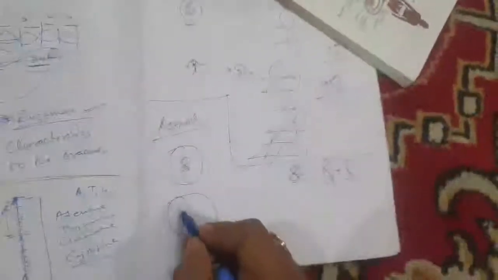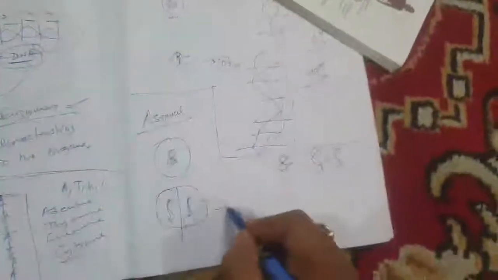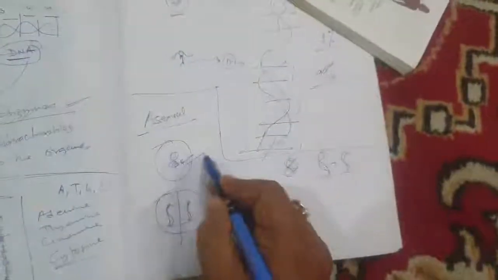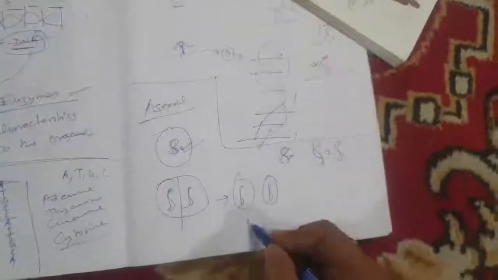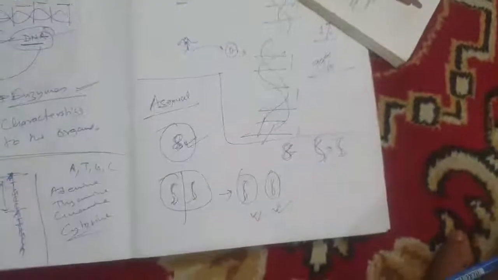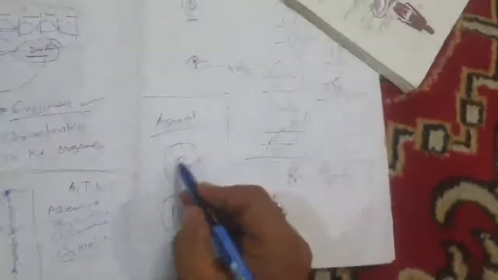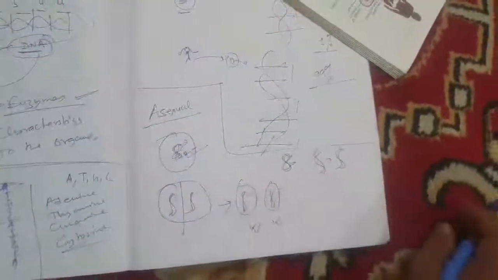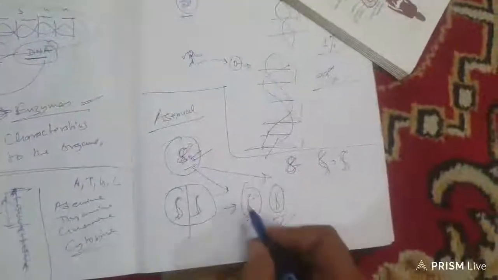The DNA multiplies and creates a new copy of itself, and then it divides from the middle to create two new cells. That means whatever exact genetic constitution it has, the same comes in both the cells. So the proteins produced by them will be the same, and the characteristics possessed by this cell will be the same as these two, because its DNA copy is there.